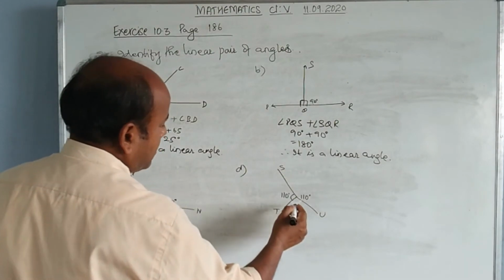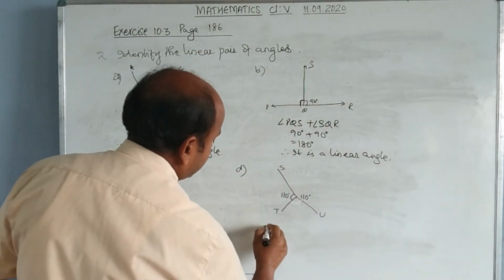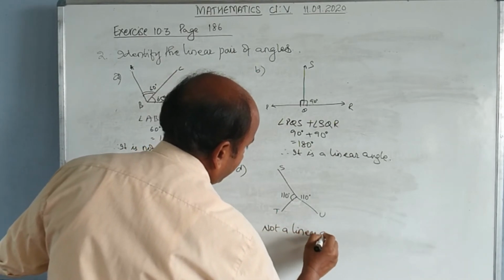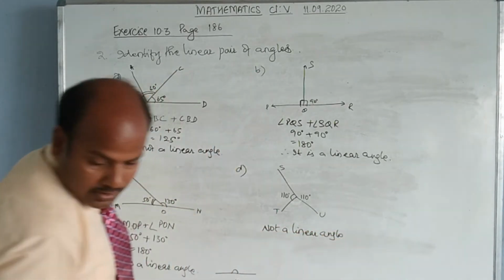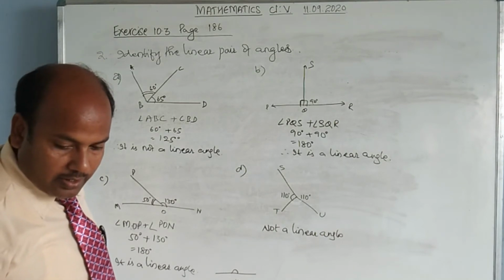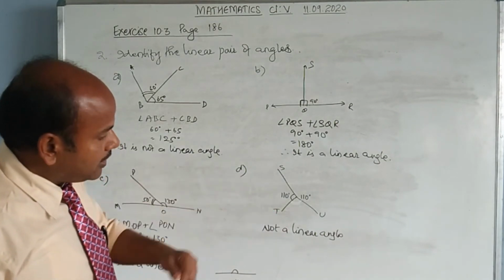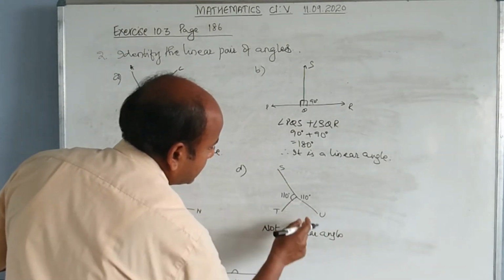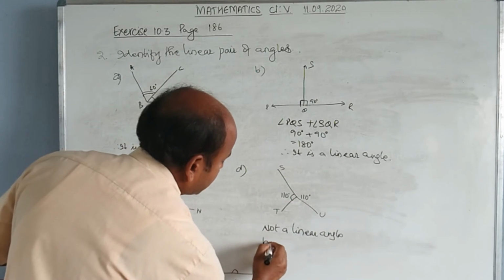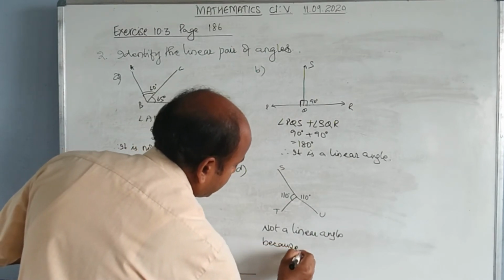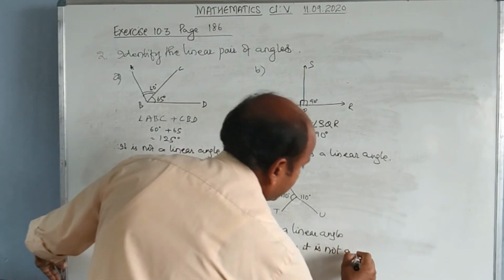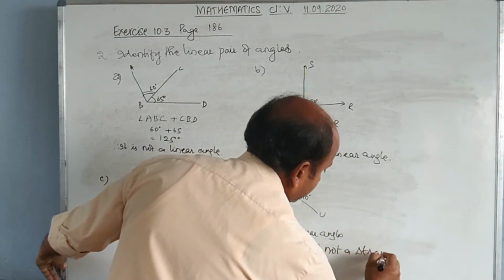And this is not a linear pair. It is not a linear pair because it is not a straight angle.